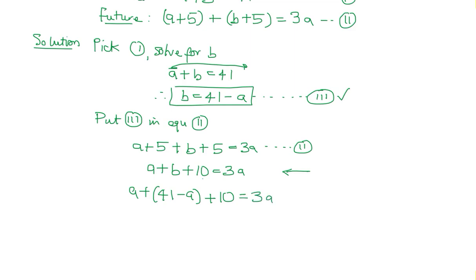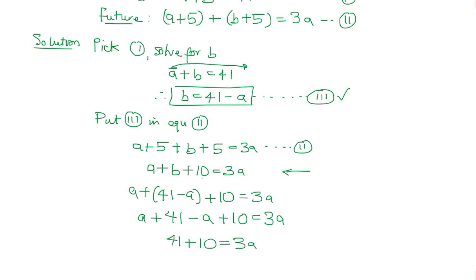So in here we have A plus 41 minus A plus 10 is equal to 3A. So in here we have A minus A, which gives us 0, which means that we simplify the left side of the equation to be positive 41 plus 10 is equal to 3A.